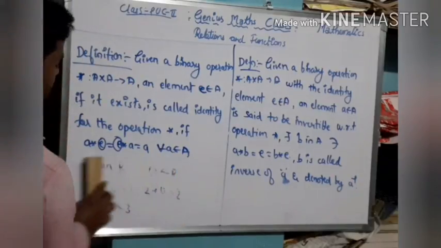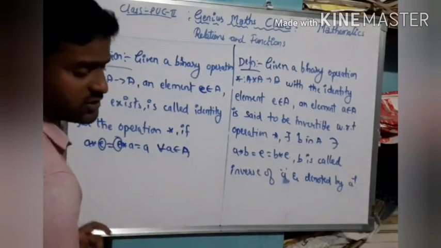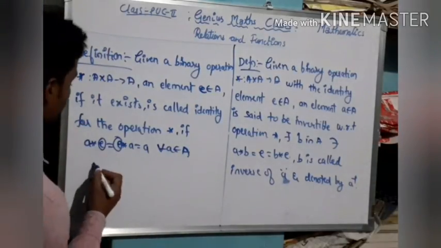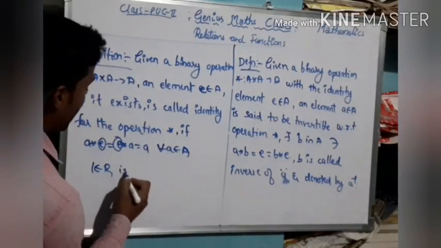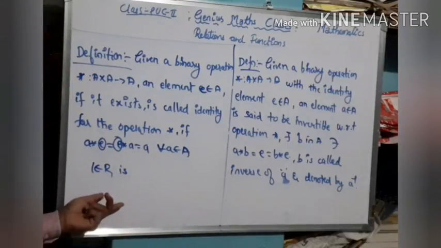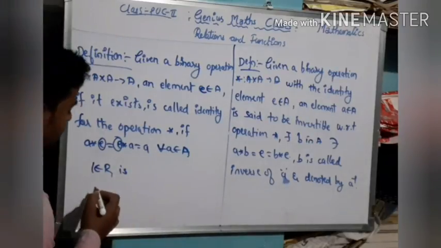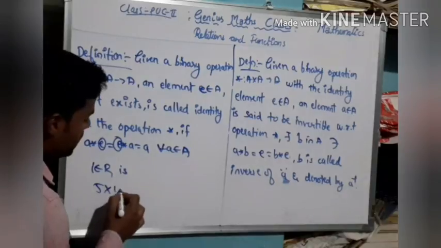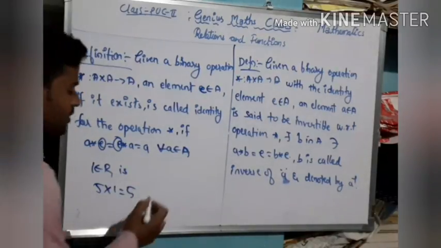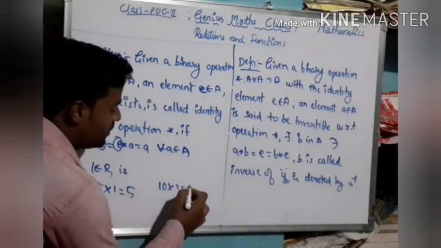And in multiplication, 1 belonging to R is the identity in R, because 5 into 1 you will get the number 5, 10 into 1 you will get the result 10.